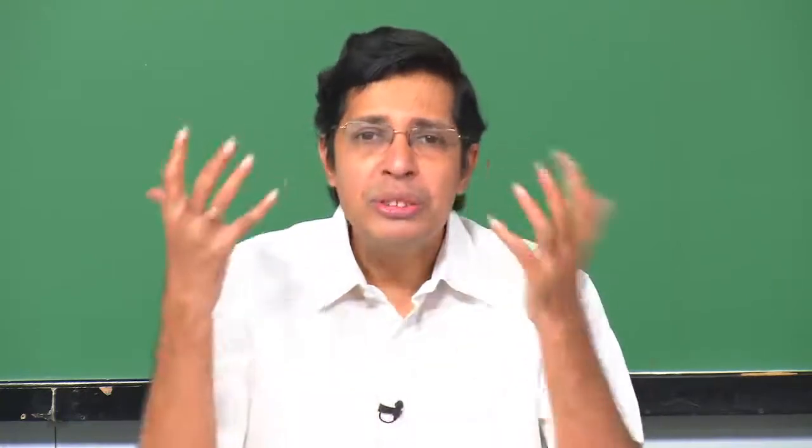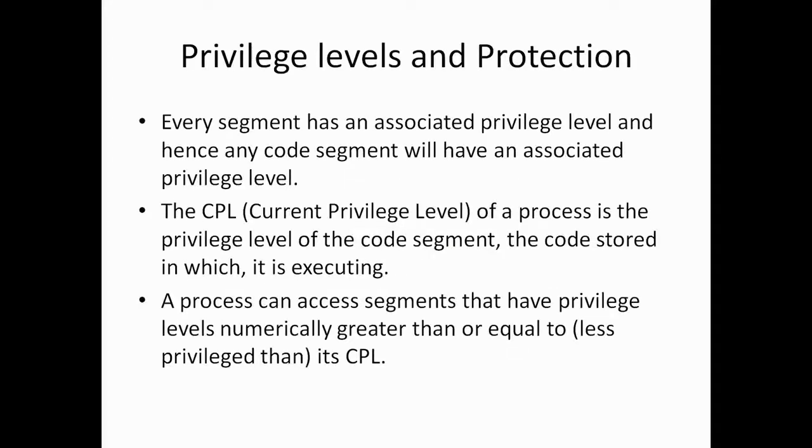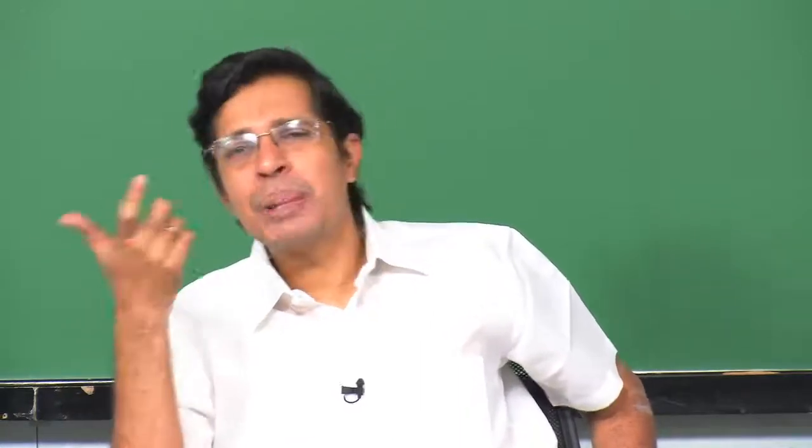Okay. Now, because of this privilege level, what sort of protections are we going to get, right. Before we end this session, I basically want to talk about what we call the current privilege level, CPL. I am a process, I am executing, right. Where is my code stored? In a code segment. That code segment has a privilege level. That privilege level is called the current privilege level.